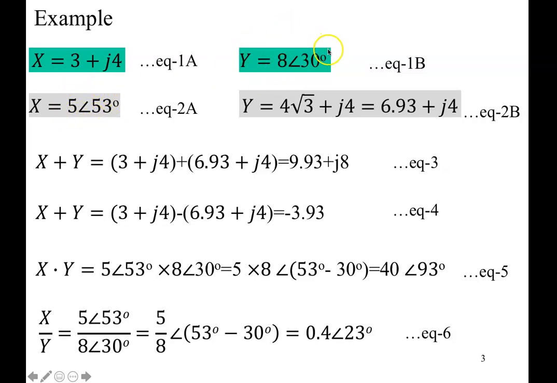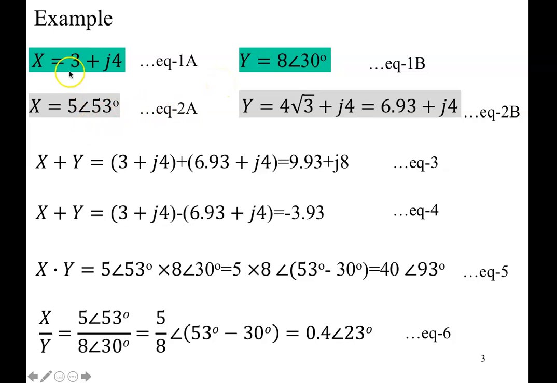If you have a complex number in the polar form, but you need to do addition or subtraction, then you convert this into rectangular form. So it's easier. Add these two together or subtract these two is easy. Multiply these two or divide these two is easy.